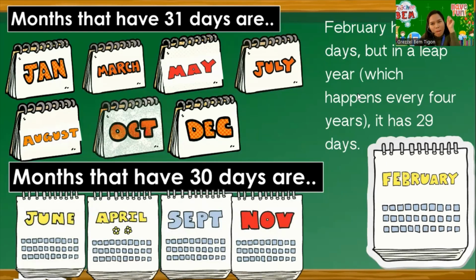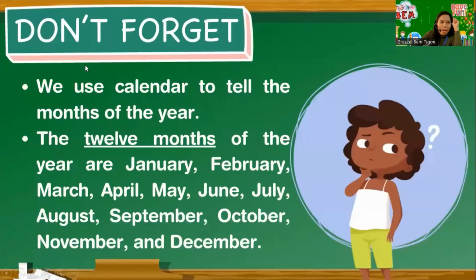And we have a very special month which has 28 days. A leap year, which happens every 4 years, has 29 days. This is February, the very special month that we have.